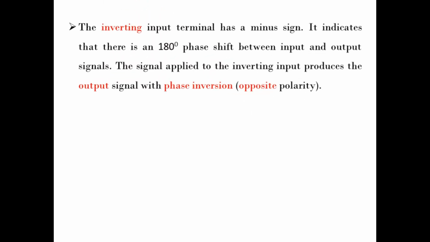Now, whenever you apply an input signal to the inverting input terminal, which is labeled by a minus sign, it indicates that there is a 180-degree phase shift between the input and output signals.